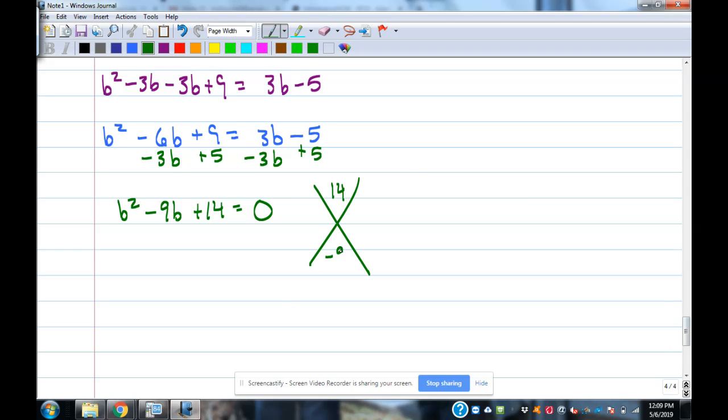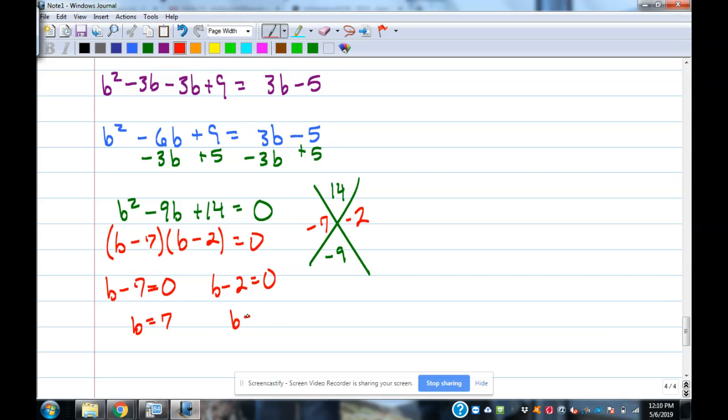Multiply to 14, add to negative 9. What does that? Negative 7, negative 2. Good job. So that'd be b minus 7, b minus 2. Set those equal to 0. B equals 7, b equals 2.